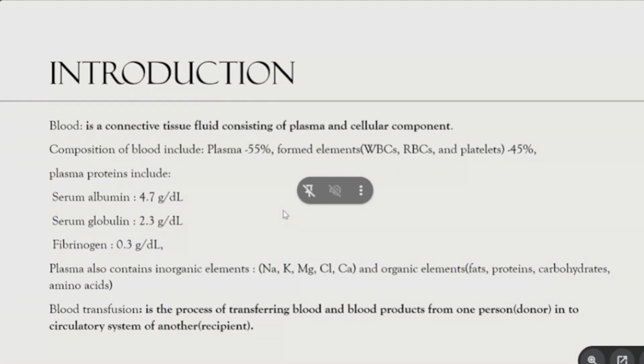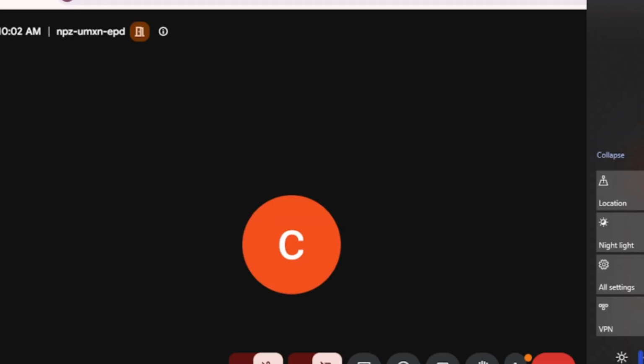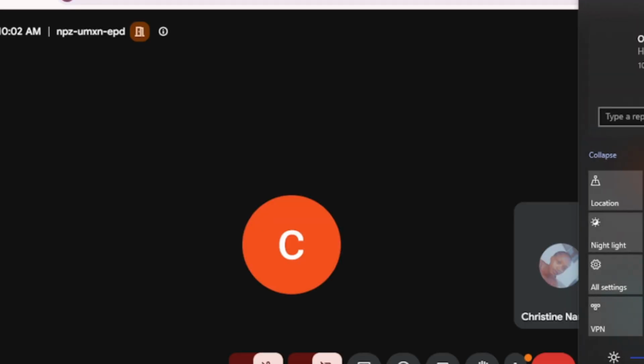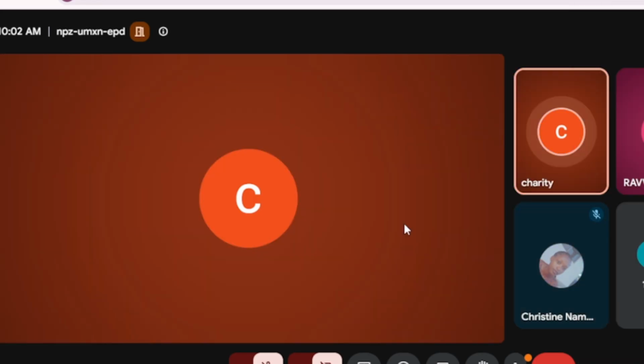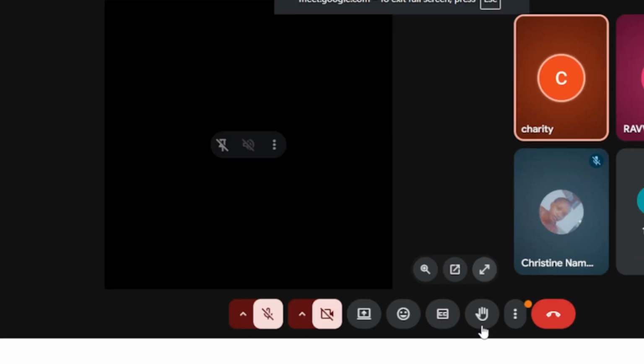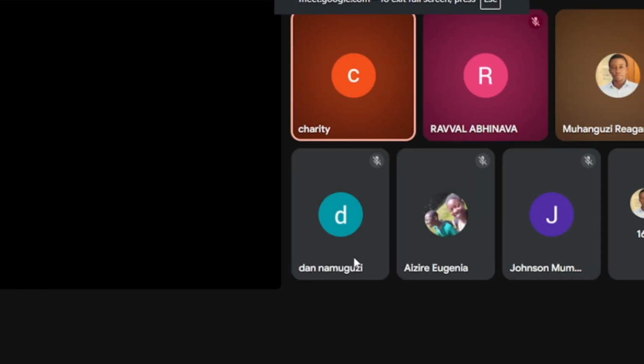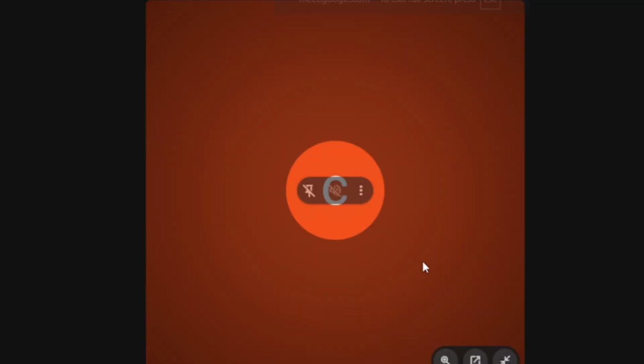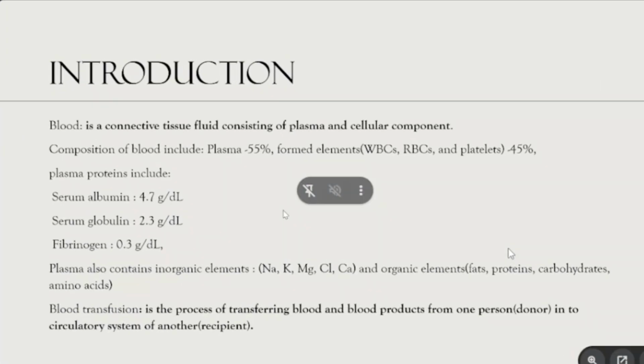For the plasma proteins, we have the serum albumin, the serum globulin, and the fibrinogen. The serum albumin constitutes 4.7 grams per deciliter, the globulin constitutes 2.3 grams per deciliter, and fibrinogen constitutes 0.3 grams per deciliter.